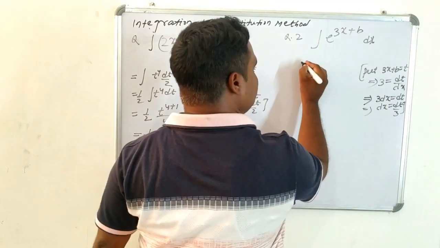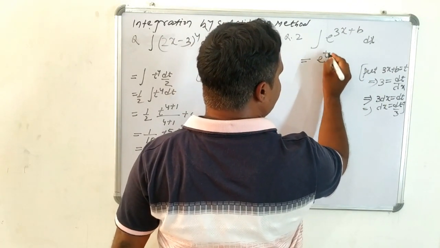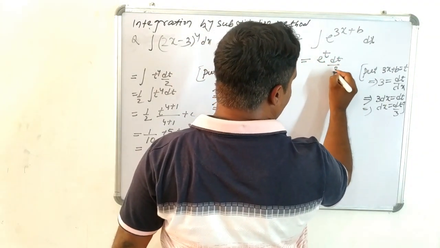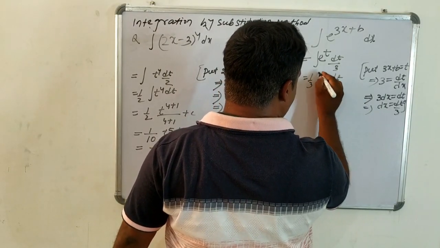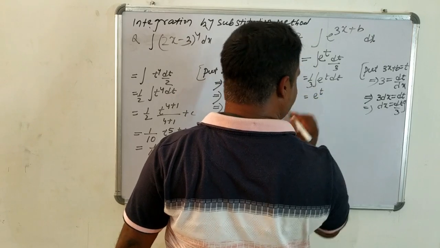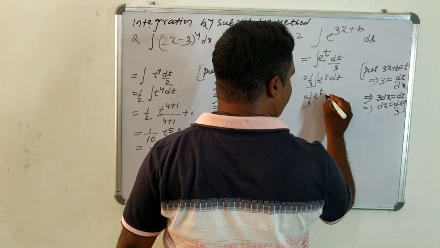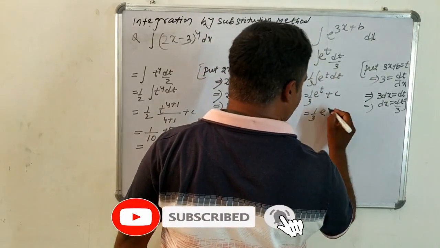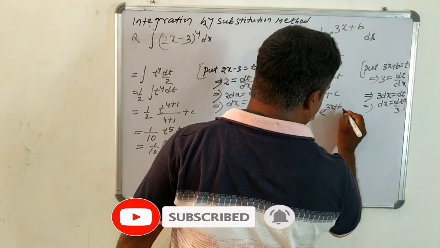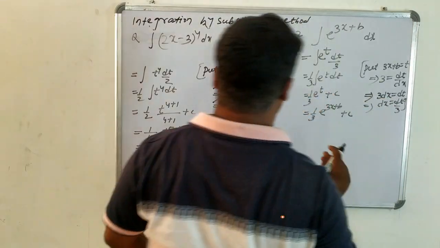Now put this value here: e to the power t dt by 3, that is 1 by 3 times the integral of e to the power t dt. The integration of e to the power t is e to the power t, so 1 by 3 e to the power t plus c, which is 1 by 3 e to the power 3x plus b plus c, your answer.